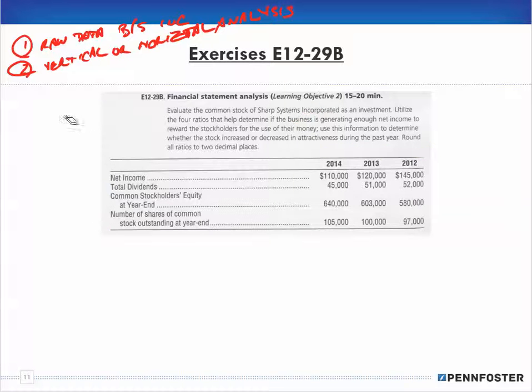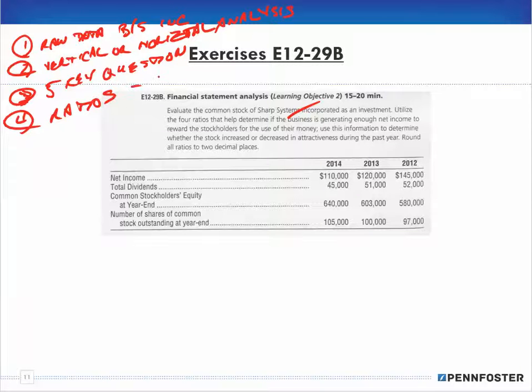And then you go and you look at your 5 key questions, which we're looking at this one here. And in those 5 key questions, you have your ratios. So you do all of the calculations for those ratios in order to come up with numbers and percentages.